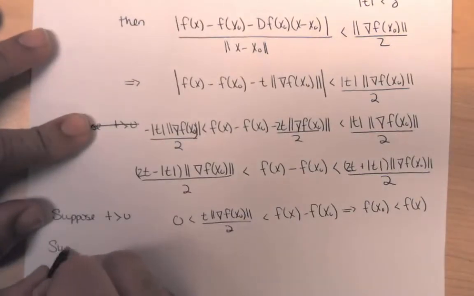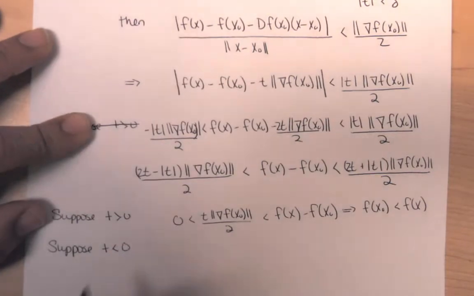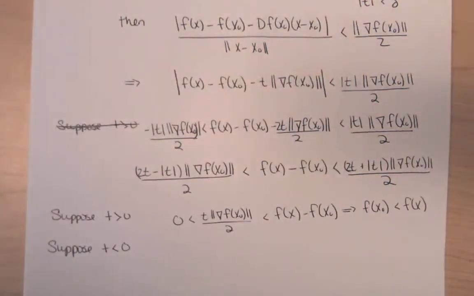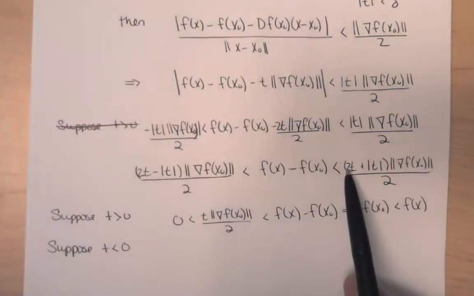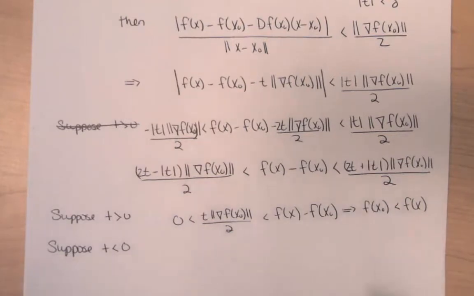Now suppose t is negative. If t is negative, 2t plus its absolute value would give me a negative number.